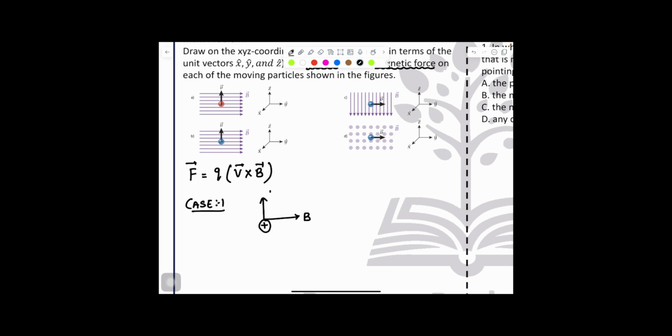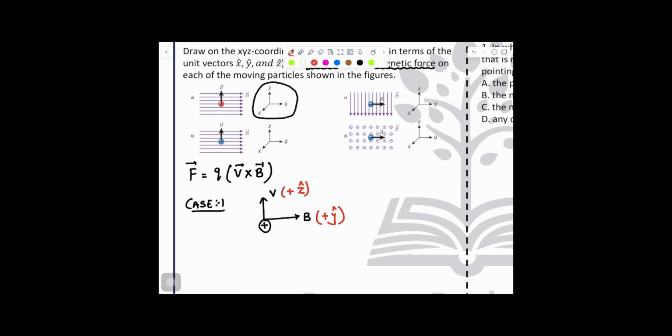Till here clear? Okay, in the question the graph is given. As per this graph, can I say this is our positive z cap? This is my positive y cap. So what I need to find?